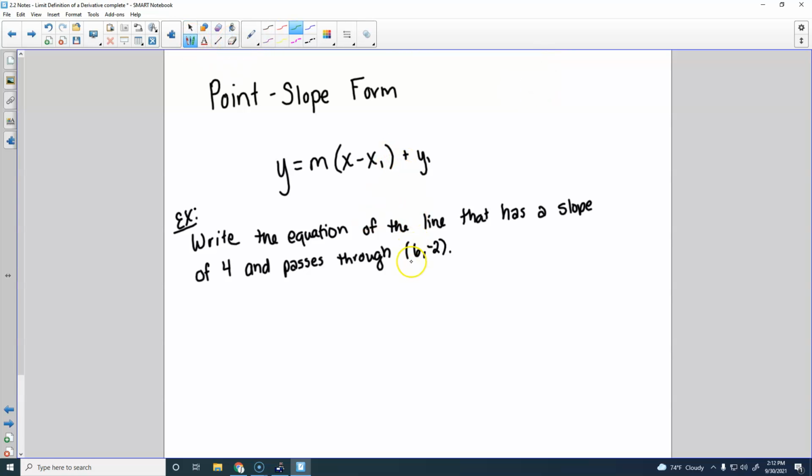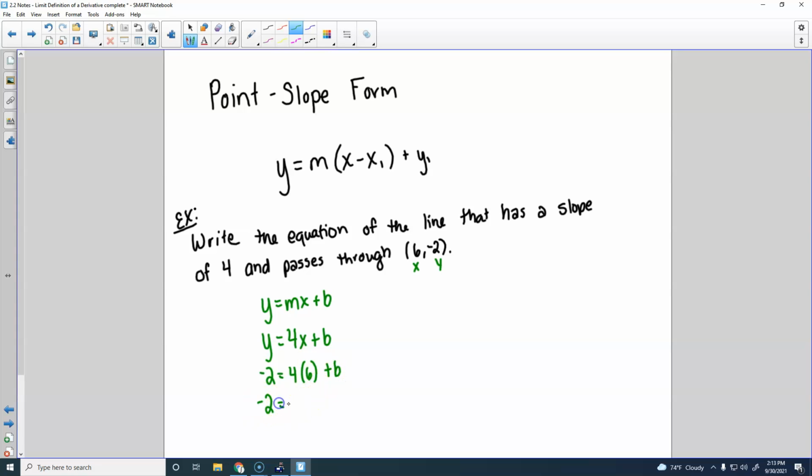So when I taught it to you, if I was the one that taught you to do this, then I told you to use y equals mx plus b. Right? And so we put the slope in as 4. And then this was our x and this was our y. So we put negative 2 equals 4 times 6 plus b.